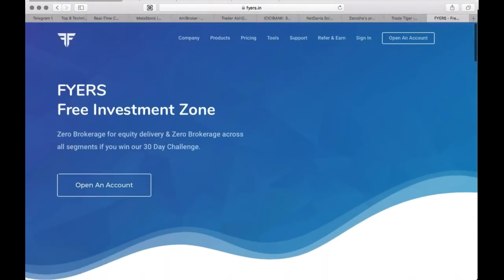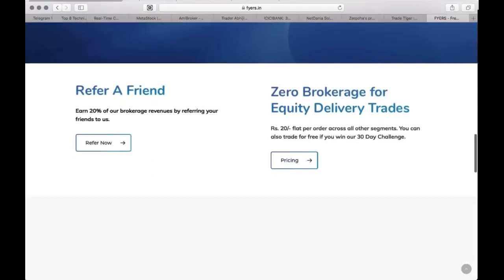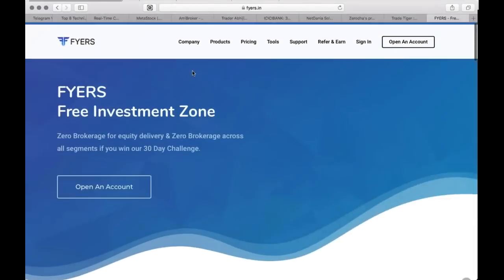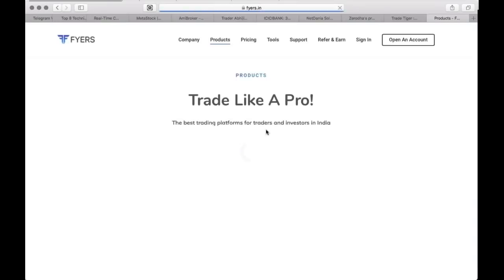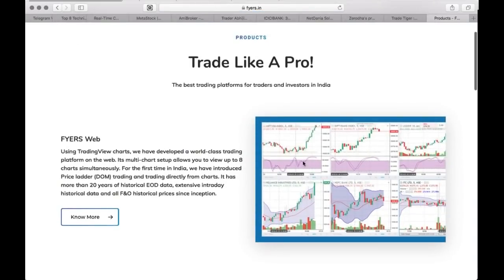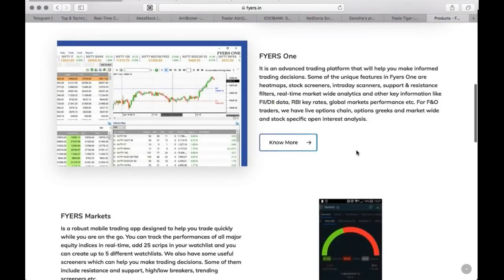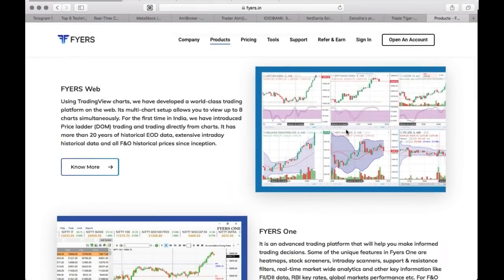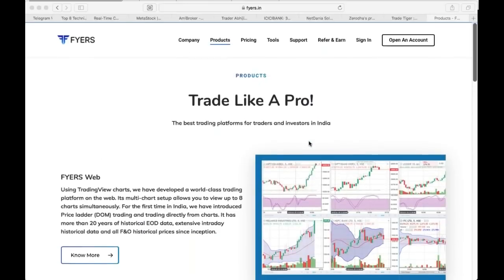These guys are changing their websites every fortnight, it seems. So I've not seen this new website of theirs. So what it does is it integrates with tradingview.com. Just see over here, this is the interface of tradingview.com. So from tradingview.com, you will land up putting orders and trading through Fires, the broker. Okay, so please go through them.